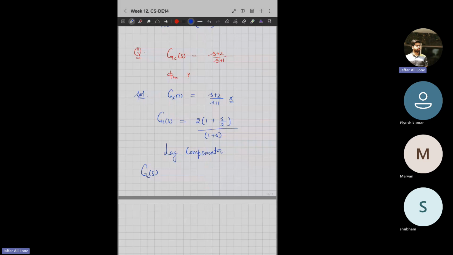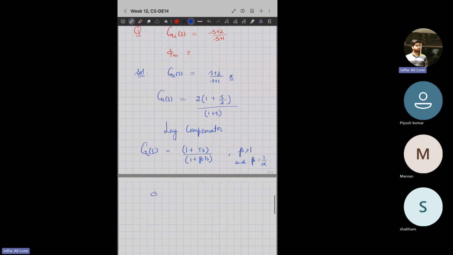Gc of s is equal to (1 plus Ts) divided by (1 plus beta Ts), where beta is greater than 1 and beta is 1 by alpha. You can directly apply the formula. If you write beta, then the formula comes the same way as alpha: sine inverse of (1 minus beta) divided by (1 plus beta).